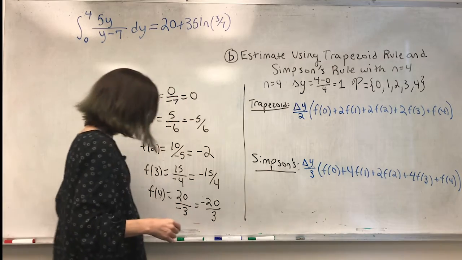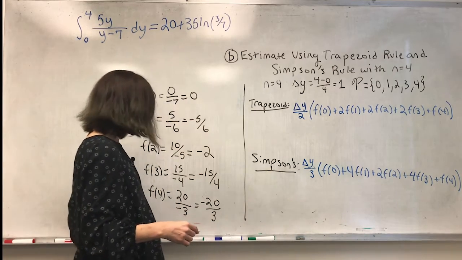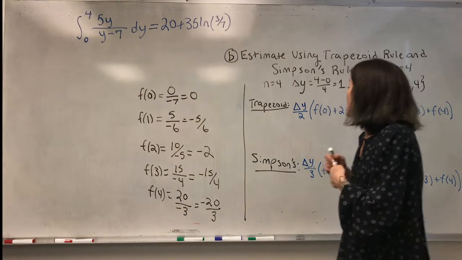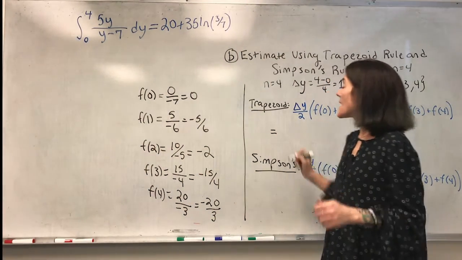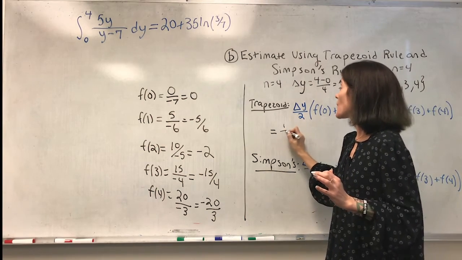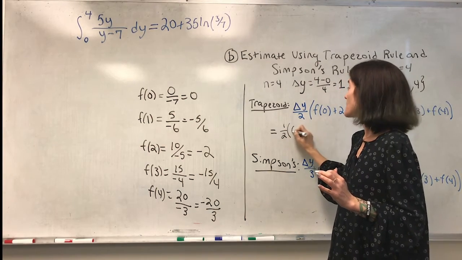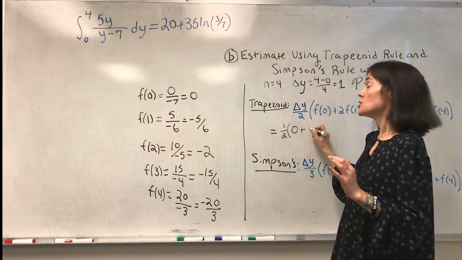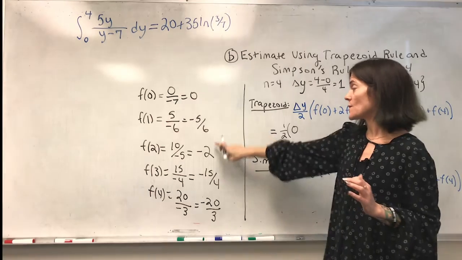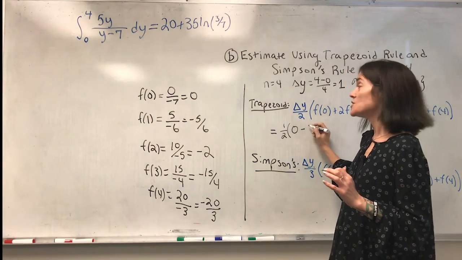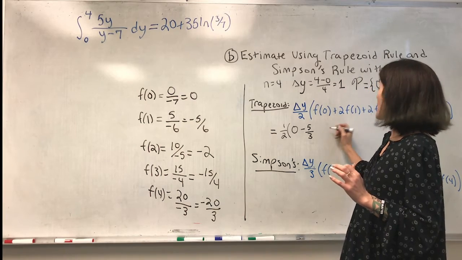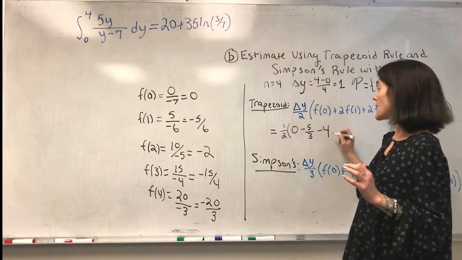Okay, now let's come back to our rules here and put everything in. Delta y is 1, so we have a half. We have f of 0 plus 2f of 1. Oh, we're going to have a lot of minuses. You notice all these are negative. So 2f of 1 is -5/3. And then we have 2 here, -4.